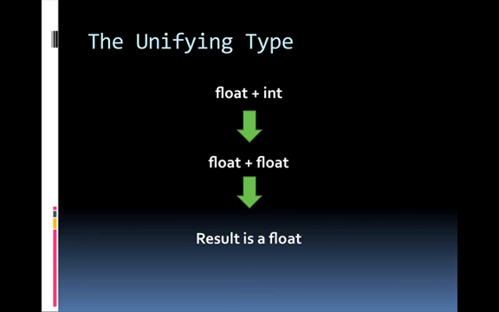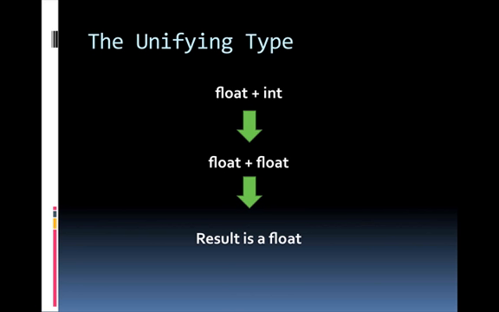So what happens is Java promotes all the other data types in the equation to some unifying type. Usually it's the largest type in the problem. However, we'll show you the order of progression.